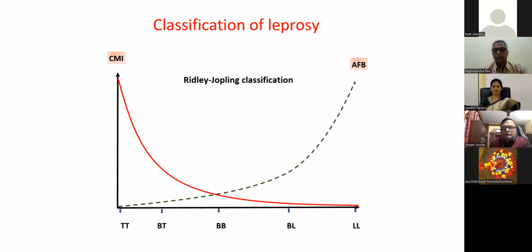So borderline leprosy is again subcategorized into borderline tuberculoid leprosy, mid borderline leprosy, or borderline lepromatous leprosy.